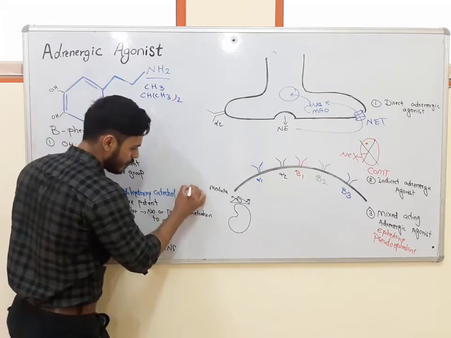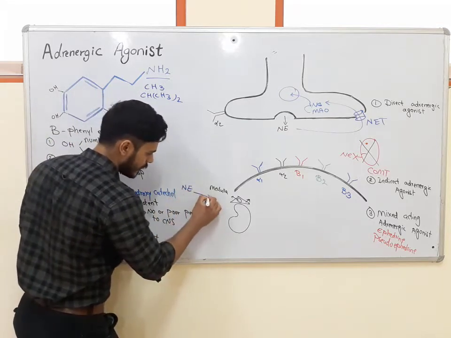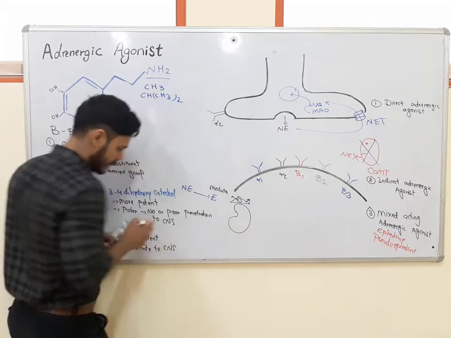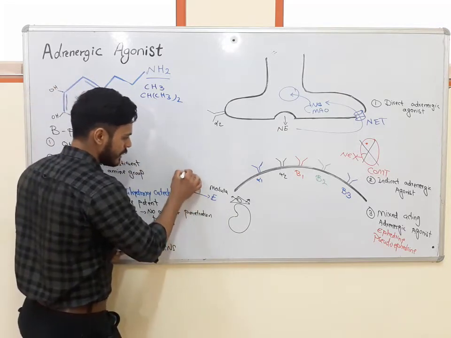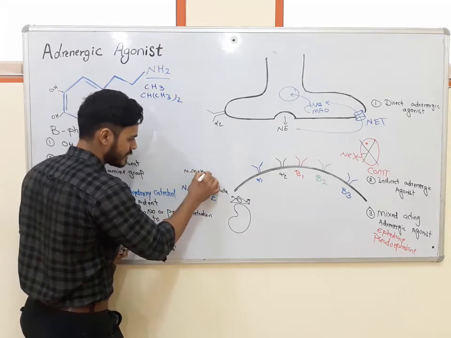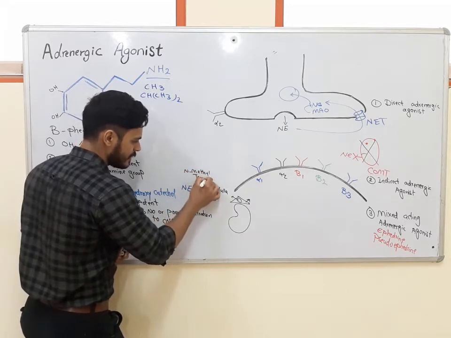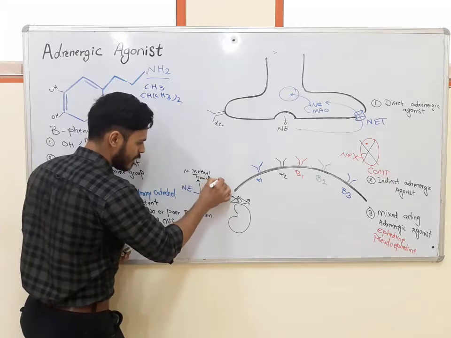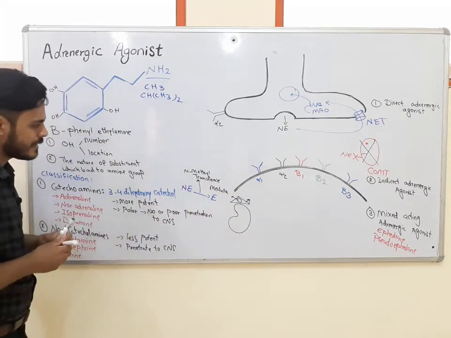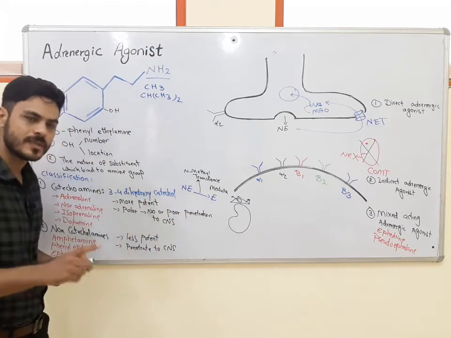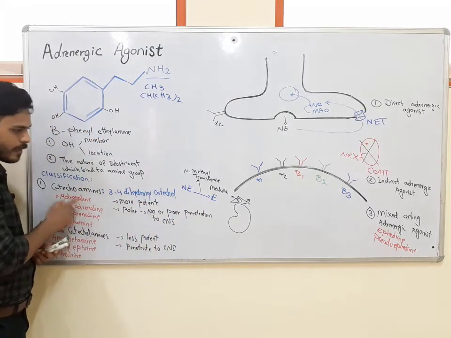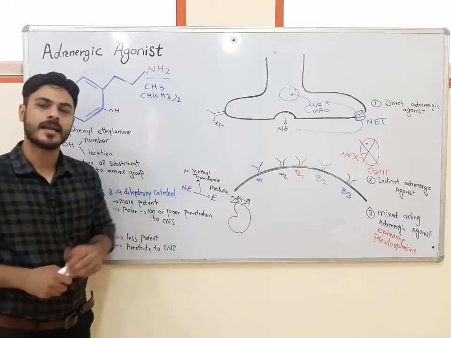We convert norepinephrine or noradrenaline to epinephrine or adrenaline by the mediation of one enzyme, which is N-methyltransferase. We have this enzyme in the medulla of the adrenal gland, and this enzyme converts norepinephrine to epinephrine. So we produce adrenaline or epinephrine in the adrenal gland.